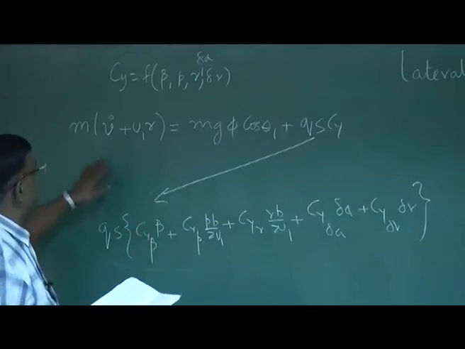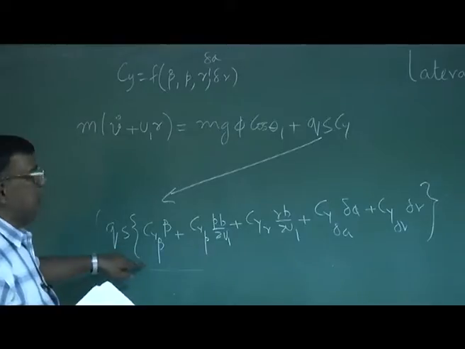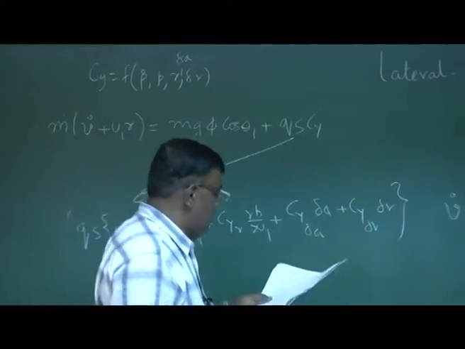Y beta will be qS Cy beta divided by m. That's all, which we have done similarly for the longitudinal case also.